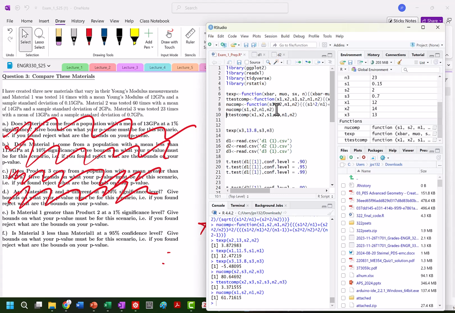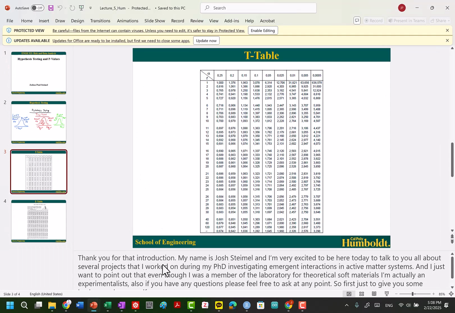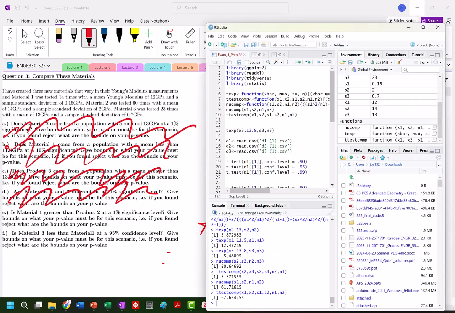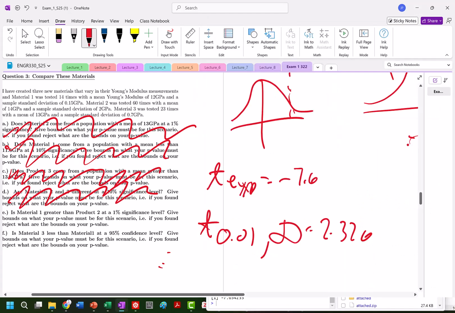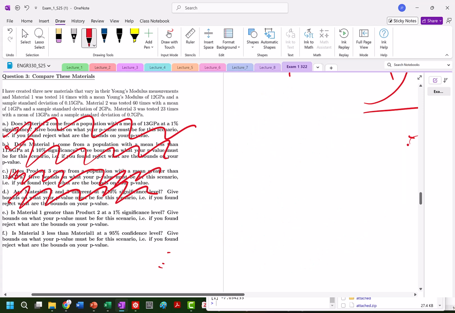Degrees of freedom, large again, infinity. So this is going to be infinity. Let's look at the number, even though we know it's not going to be 0.01, infinity, 2.326. And then finally, that was a negative 7.6. So we're way over here. So we are in DNR, which means our P is going to be greater than alpha. Beautiful.